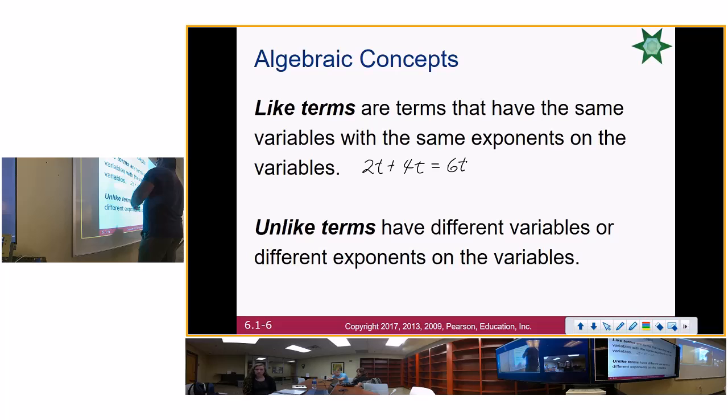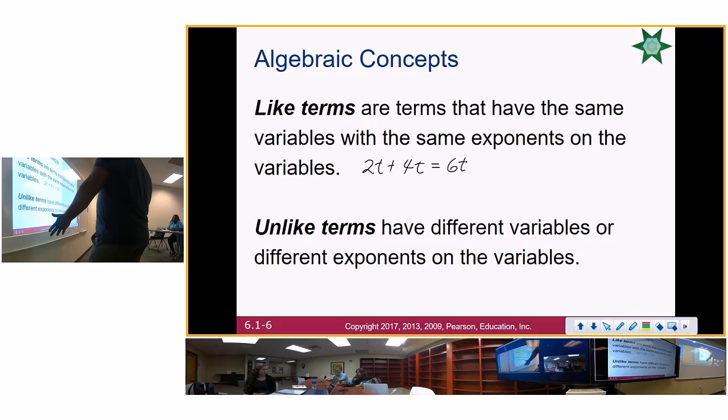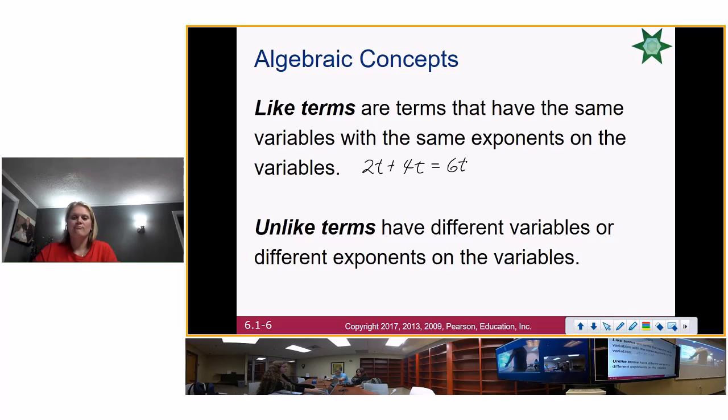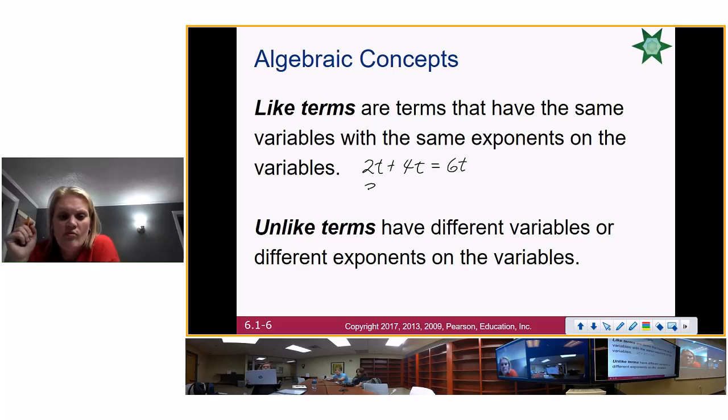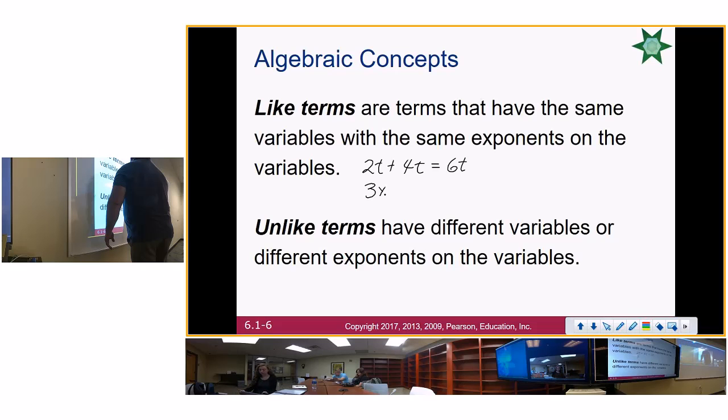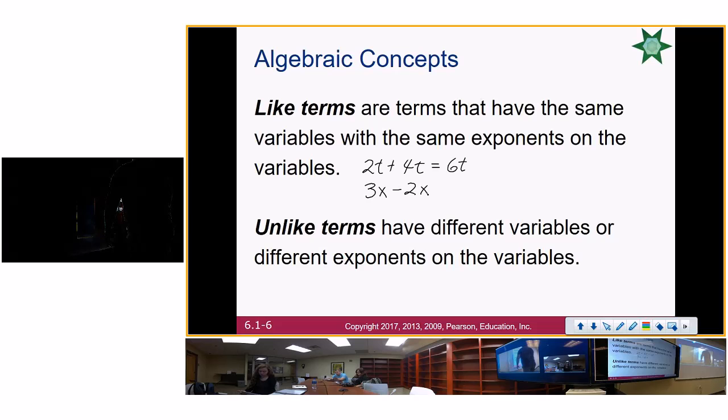You don't say 2 boxes of cereal plus 4 boxes of cereal is equal to 6 boxes of cereal squared. Okay, that doesn't make any sense. 3 cans of oil minus 2 cans of oil is equal to 1 can of oil.